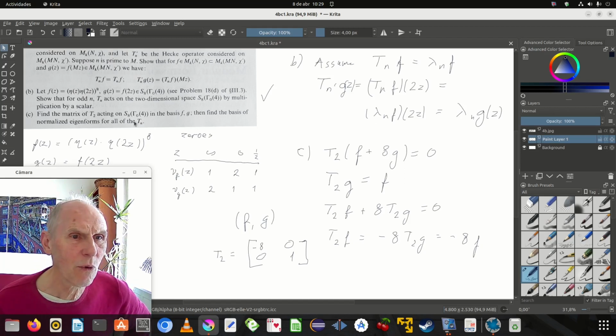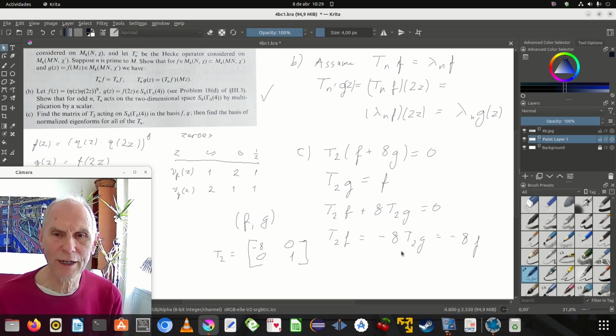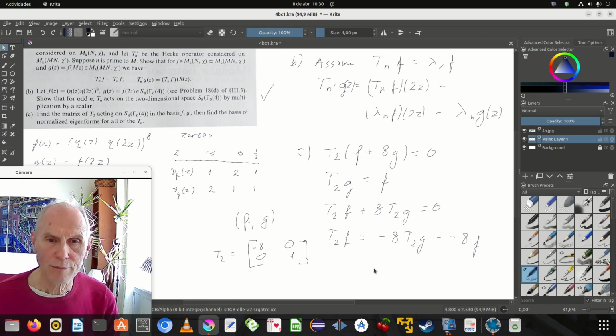A basis of all the normalized eigenfunctions for all Tn. So we know any basis will be used when n is odd. So we're only looking at n equals 2, because then T2 and Tn with n odd commute, so we can use the same basis. This doesn't make sense.